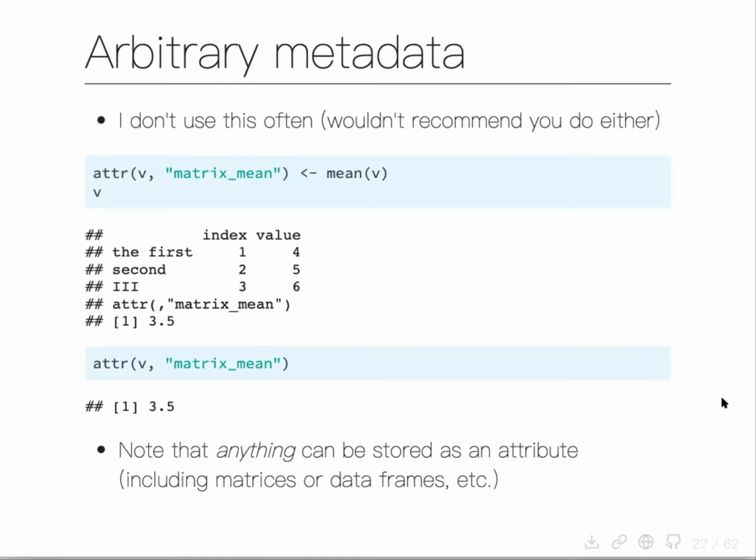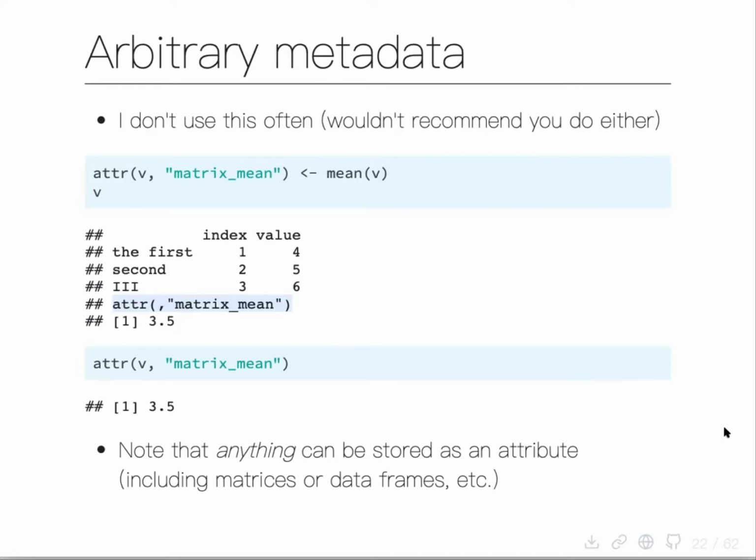And I'm going to create a new attribute for that matrix, which I'm calling matrix mean, okay? And all that is just the mean of the matrix, right? mean(V). And so then when I print this out, I get my matrix up here, but it also prints, oh, and it has this additional attribute called matrix mean, which is 3.5, okay? And then we can access that value directly rather than just having it printed to the screen, the same way we would have done it previously.